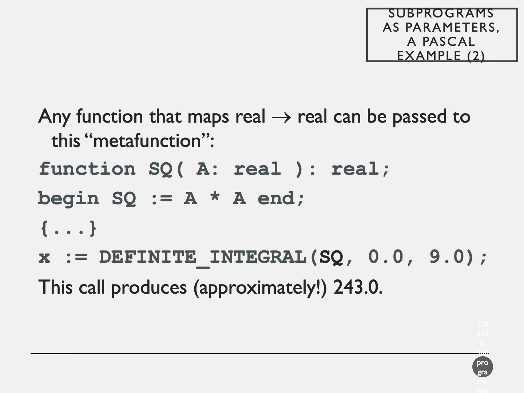Then the integral is calculated, which is approximately 243 and represents the area under the curve of the function y over the specified range. This value is significant in demonstrating both the correctness of our integration function and the versatility provided by higher order functions in handling various mathematical problems dynamically.